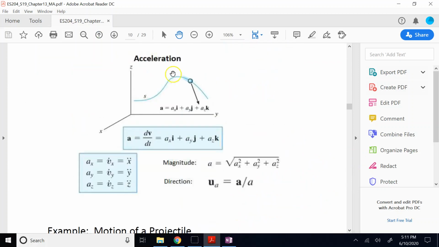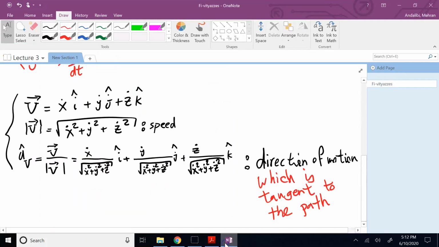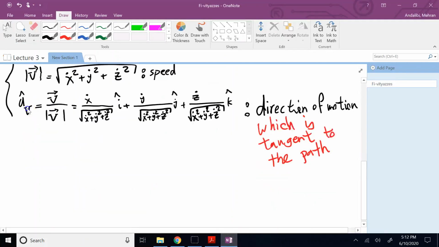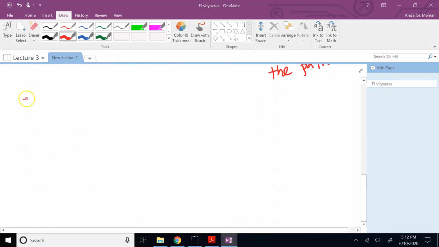And finally, acceleration. Of course, we take another time derivative from velocity. And since the components of velocity were x dot, y dot, z dot, now the components of acceleration are what? x double dot, y double dot, and z double dot, right? So if I write them for you here, a is going to be x double dot i.